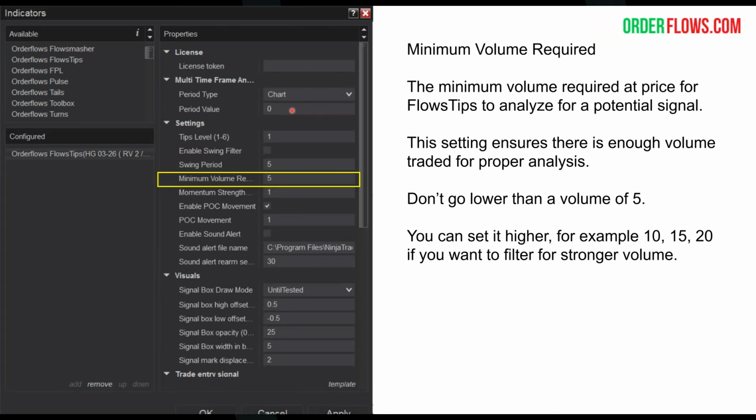Minimum volume required. 5 is the default. I don't think you really want to go lower than 5. You want to have a minimum amount of volume to analyze. You can set it higher, for example, 10, 15, 20 for more volume. But in most markets like E-minis, it doesn't matter. You've got good volume. It's more for if you're trading thinner markets like some of the agricultural products.